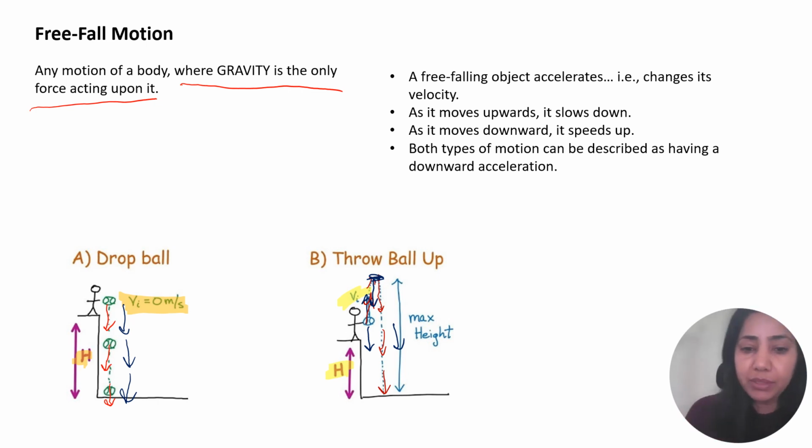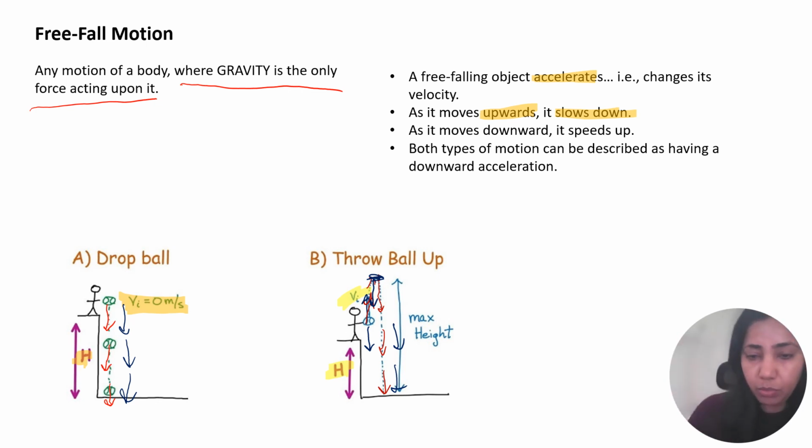So what happens during this whole motion? The free falling object accelerates, it changes its velocity. Initially, when you threw the ball up, the velocity is decreasing. So when it moves upwards, it slows down because the velocity vector is opposite to the acceleration vector.